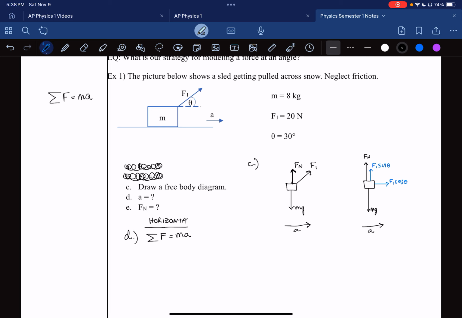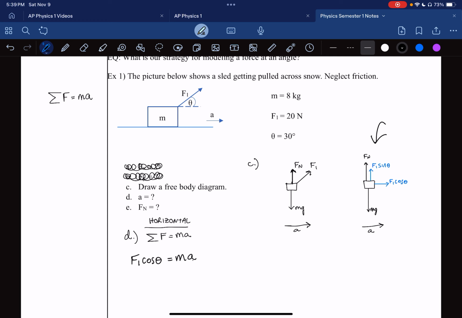In other words, the acceleration is horizontal, and so when we substitute the forces, we only want the horizontal force in here. The only horizontal force is F1 cosine theta equals ma.